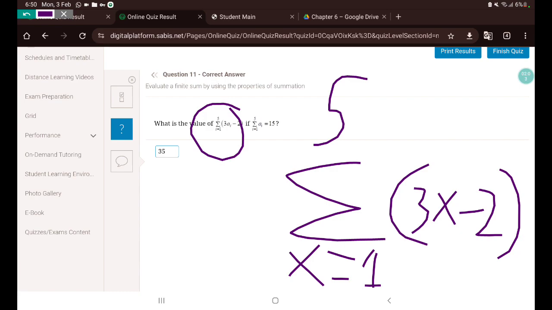Just write it x, as you'll see x would be basically in the middle of your calculator. After you write all those things and you press equal, you'll get the answer to be 35. Next question.